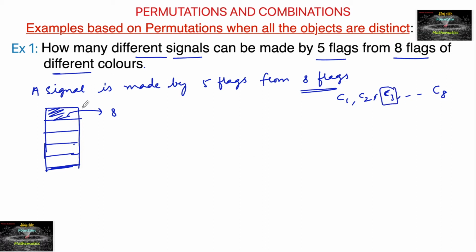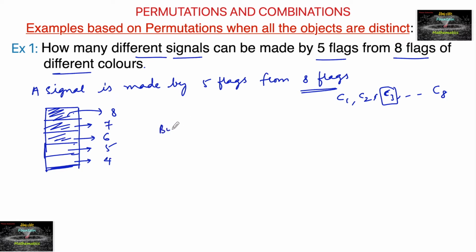Suppose if I selected C3 here, then the next flag in a signal may have the 7 different colors other than C3. So we'll have for the second flag 7 ways. Similarly, in the third way we can say 6 ways, and fourth flag can be taken 5 ways, and here the fifth flag can be taken in 4 ways.